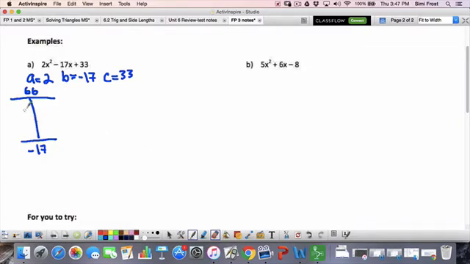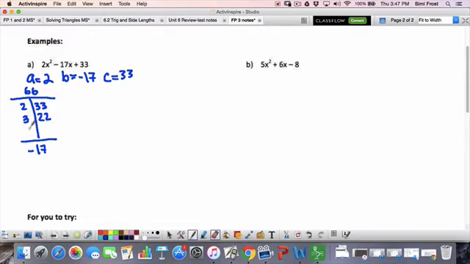So let's go through and find some factors. Right away, I'm seeing 2 and 33 multiply to 66. However, 2 and 33 are not going to add or subtract to negative 17. So now let's try 3 and 22, not 11. So 3 and 22 multiply to 66. 22, if I subtract 3, would be 19, so that's not it.